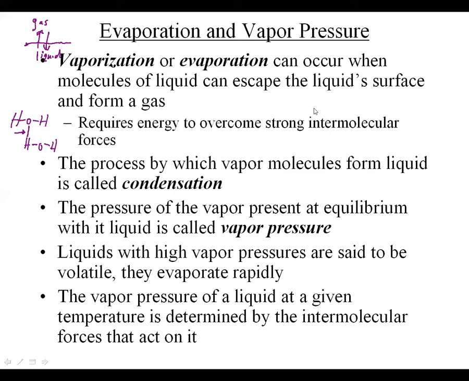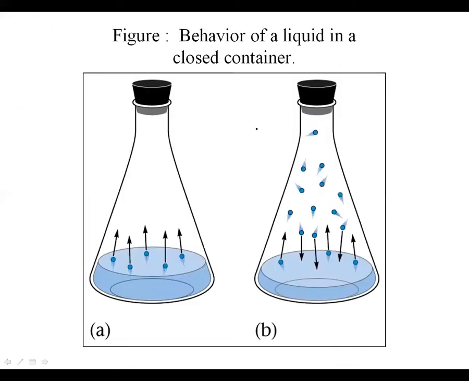So we sometimes will see this, for example, if we look at a liquid that's in a container such as what we have here, a closed container. If we put a liquid in there to begin with, like what we got over here on the left-hand side, once you put that liquid in that container, the rate of evaporation, which is what we're seeing here, will probably be a lot higher.